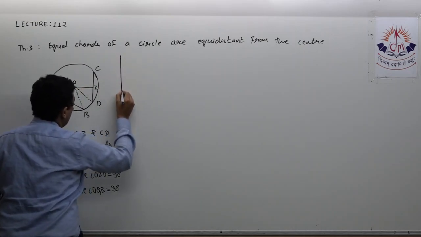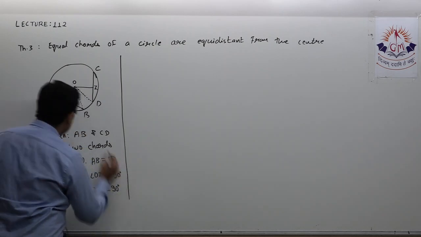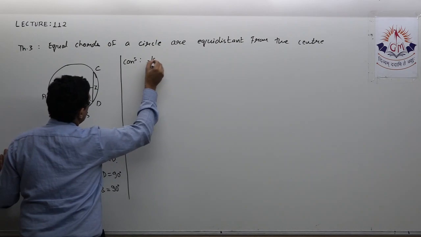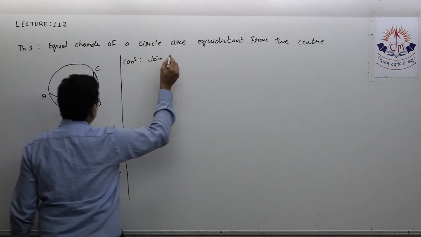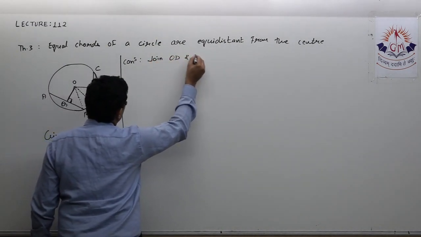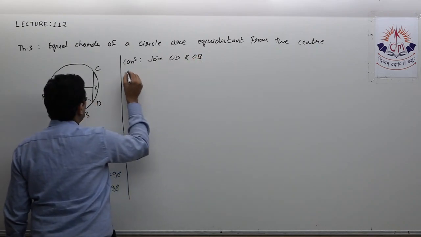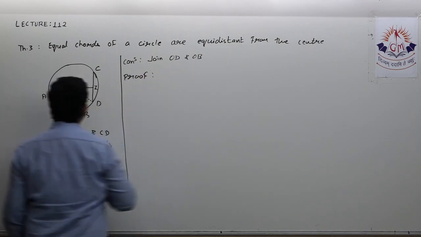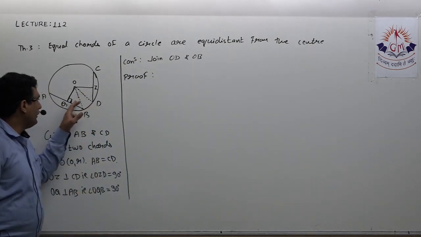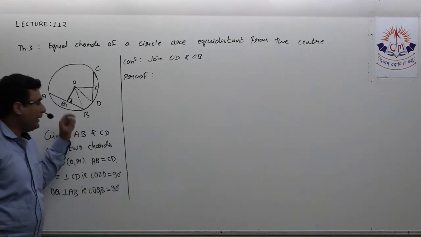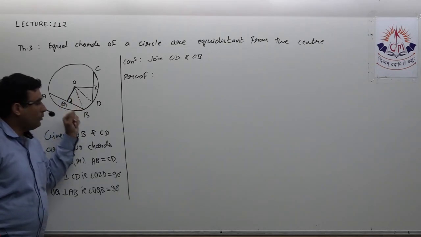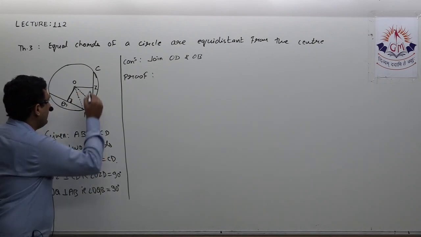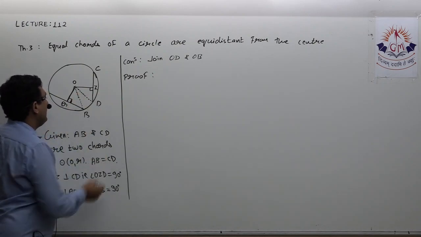It's very easy. A small construction is required. Construction: join OD and OB. Now let us see its proof. If it is possible to prove these two triangles are congruent, we can say OZ equal to OQ. To prove these two triangles congruent, one thing we can see directly is one angle is 90 degrees.